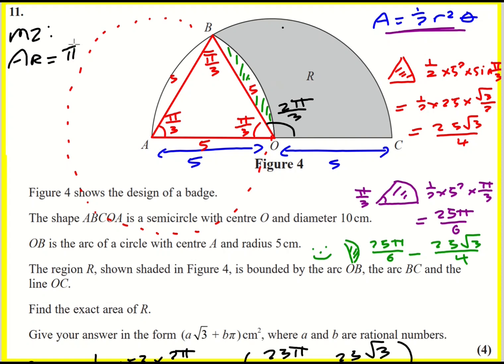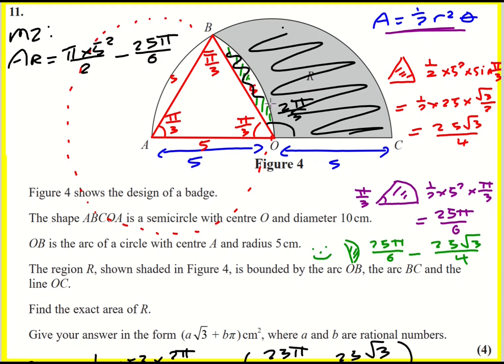It's just going to be pi r squared over 2, pi times 5 squared over 2. Then I'm minusing the sector, 25 pi over 6. So that would leave me with this and just that green bit.